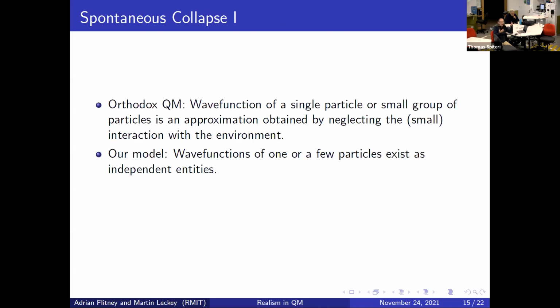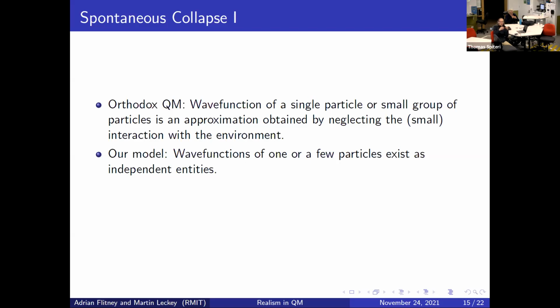So in orthodox quantum mechanics, as I've mentioned, the wave function of a single particle or a small group of particles is always just an approximation. But in our model, we're going to treat these wave functions as real independent entities in and of themselves. So we can write down a wave function of a single particle, perhaps, or of a few particles.